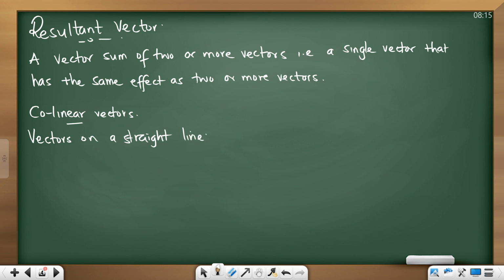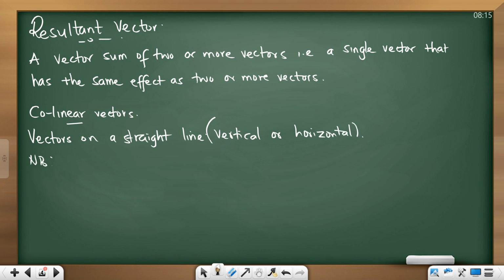How do we find the resultant vector of collinear vectors? It doesn't matter whether there are 2, 3, 4. It really doesn't matter. We're just looking at how to add them together and subtract. It could be vertical or horizontal.